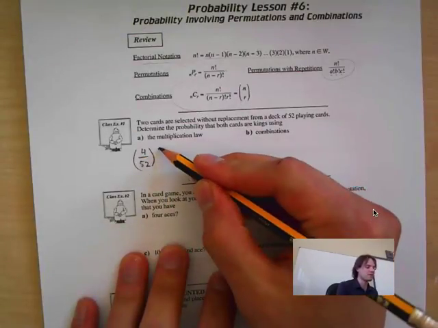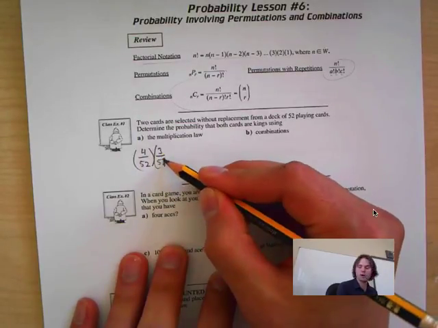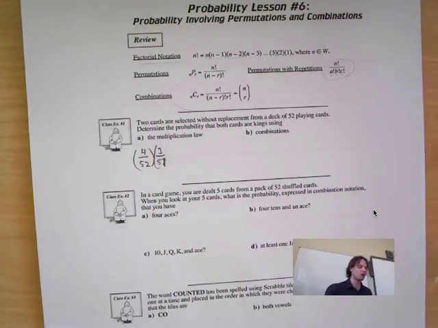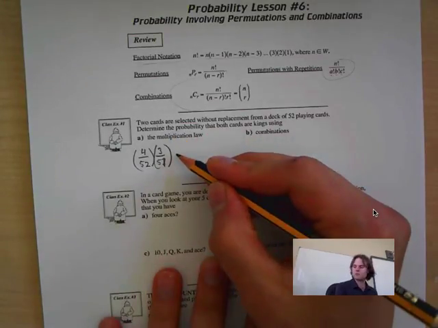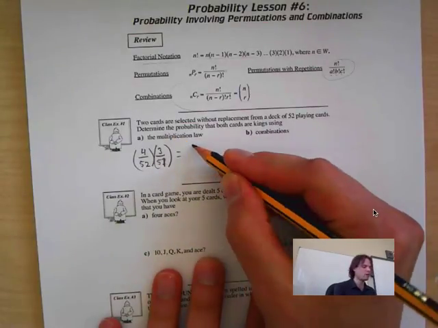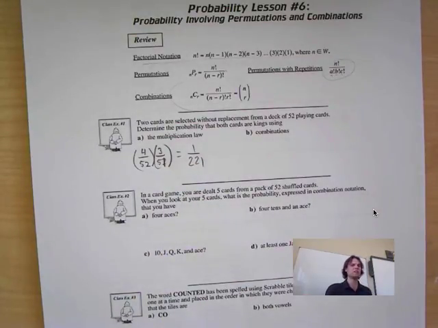And then we have a 3 in 51 chance that the second card is a king. So 4 in 52 the first time, 3 in 51 the second time, which gives me a total of 1 over 221.